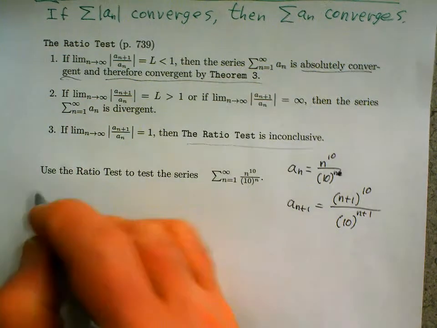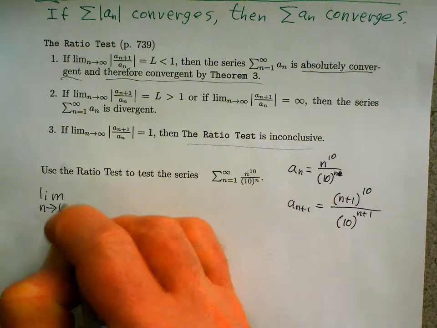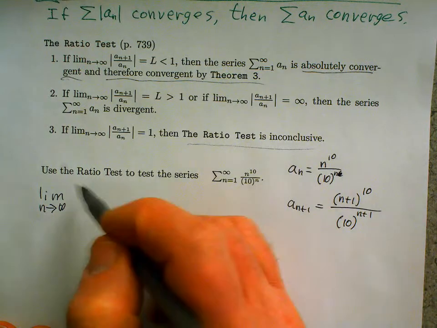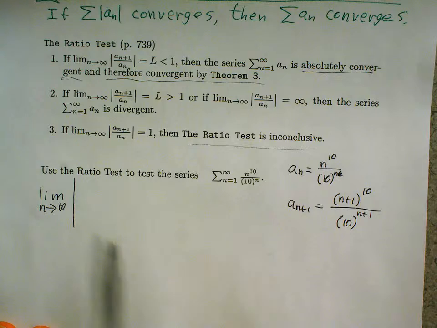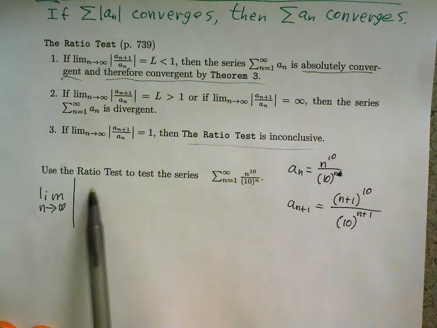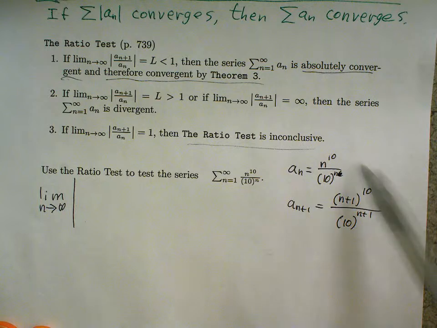Okay, so when computing the limit, the ratio test says use the absolute values, so a sub n plus 1 over a sub n. Note that we don't really need the absolute values here, because all of the terms are positive anyway.